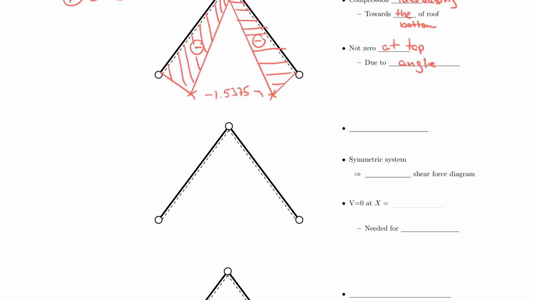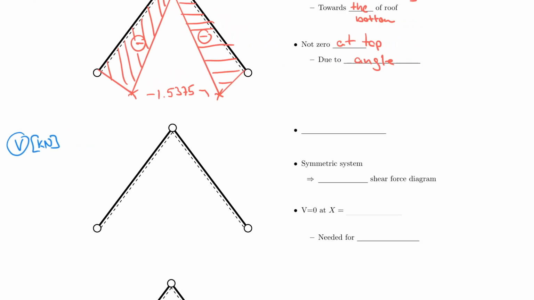Same is true for our shear force. It will be also in kilonewton as before, and we have a shear force function as V of x, which we calculated to be minus 0.18x plus 0.45 kilonewton.